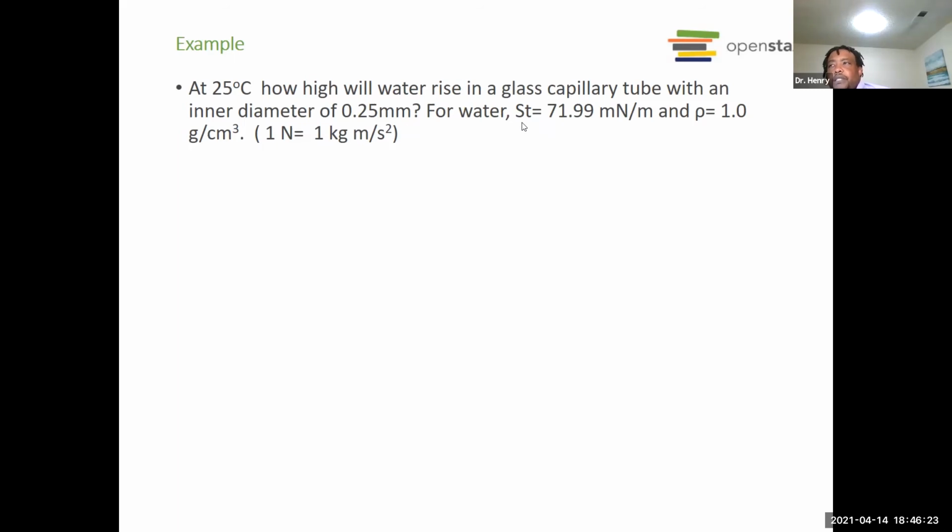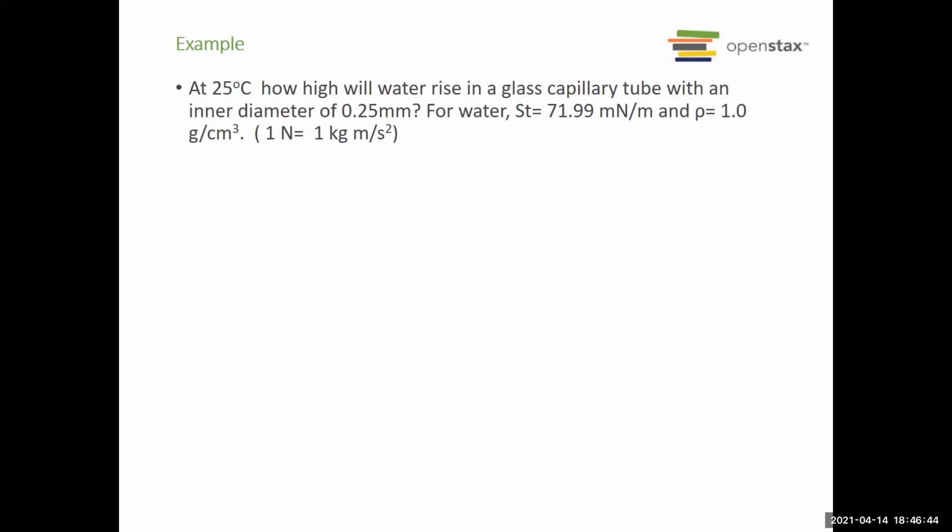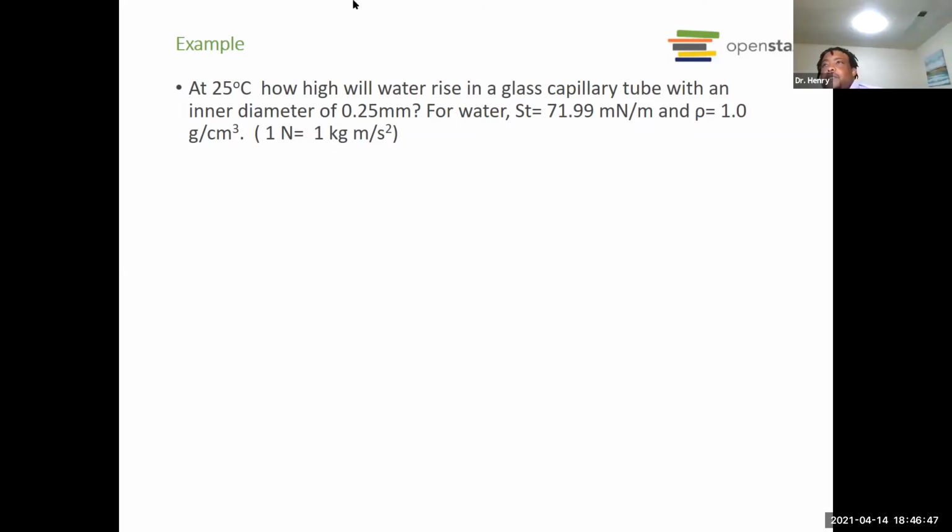For water, the surface tension is 71.99 millinewton per meter. The density is 1 gram per centimeter cubed, and we know that 1 Newton is equal to 1 kilogram meter per second squared. Okay, so what am I going to do?